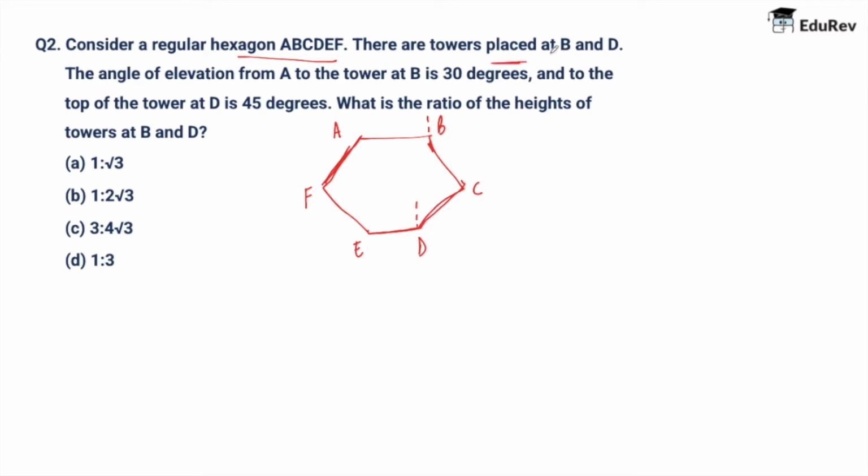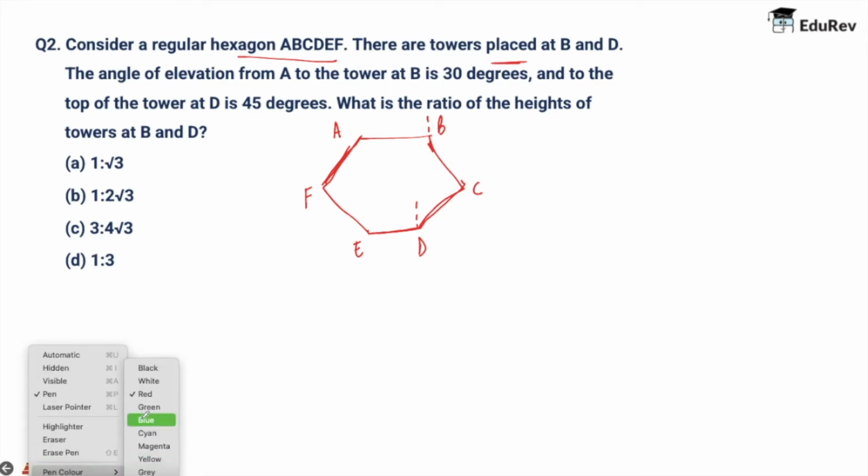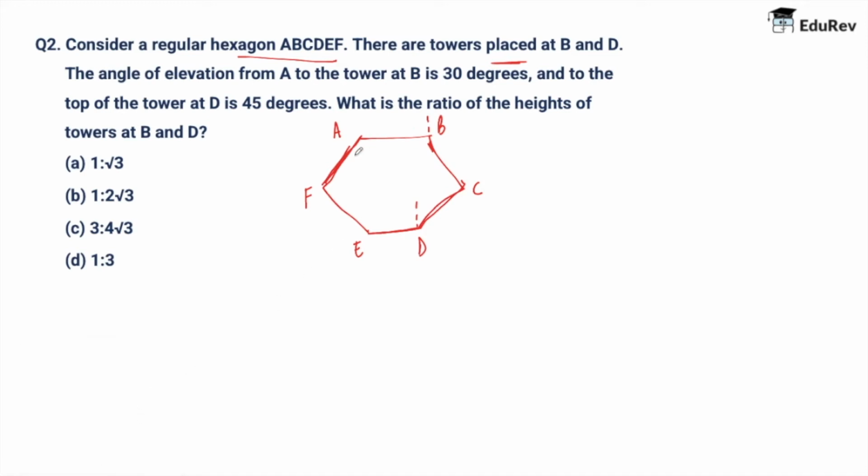So let's assume that here is a tower and here is a tower. So there are two towers which are placed at B and D. Now the angle of elevation from A to tower B, I'm going to change the color so that we can just see it more clearly. So the angle of elevation from A to B is going to be 30 degrees. That is, angle of elevation from A to B has to be 30 degrees.